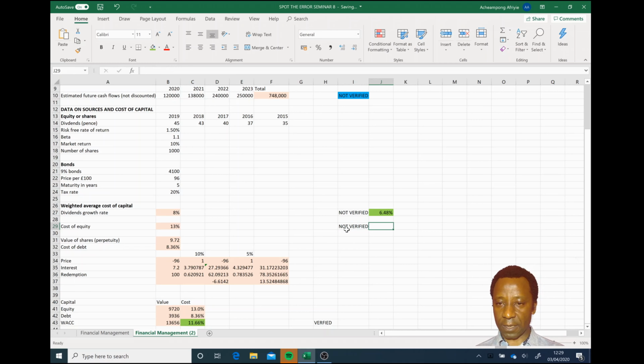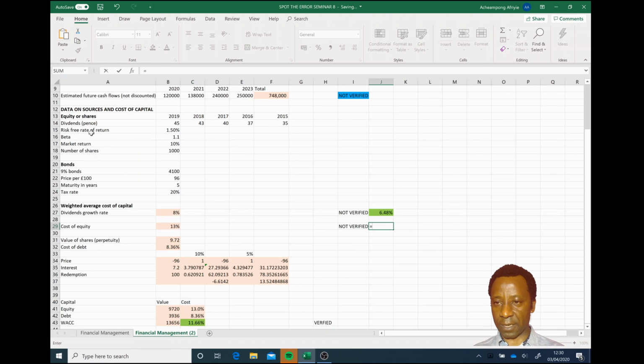And how do we calculate that? Well, we can see from the data that we've been given here that we can calculate that using CAPM, the Capital Asset Pricing Model, because we have the risk-free rate of return, the beta, and the market return. So let's just do it.